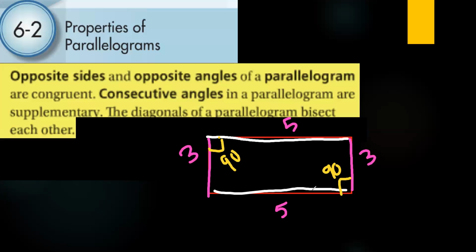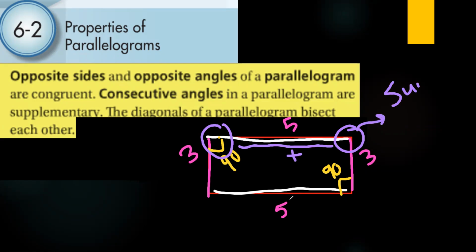And the consecutive angles in the parallelogram are supplementary. It means the measure of this angle plus the measure of this angle, these two consecutive angles, their summation is supplementary. What's the meaning of supplementary here? That the summation of their angles is 180 degrees.